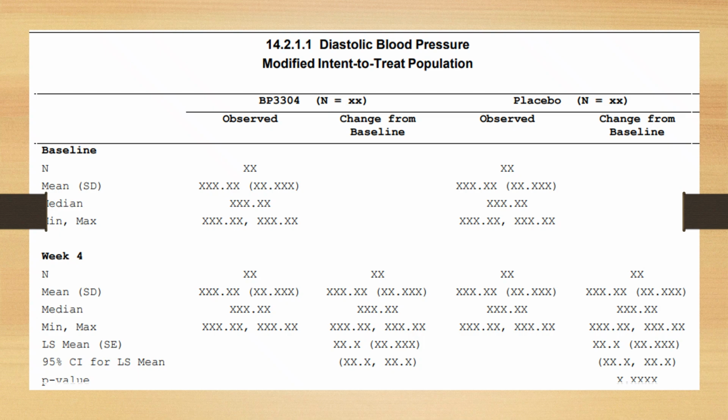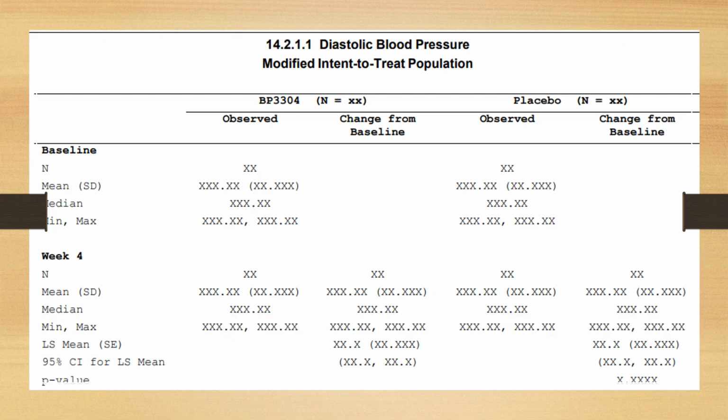So now the question arises: how and from where is this change from baseline derived or populated here? As you know, the observed values are the values collected at the investigator site and are also present in SDTM, and then from SDTM they come to the ADaM level. So those are the collected or observed observations in the ADaM dataset.